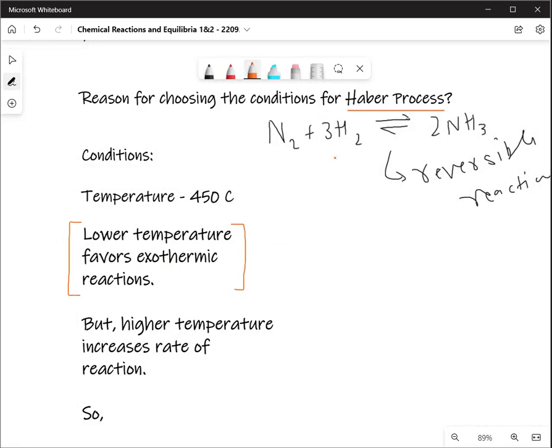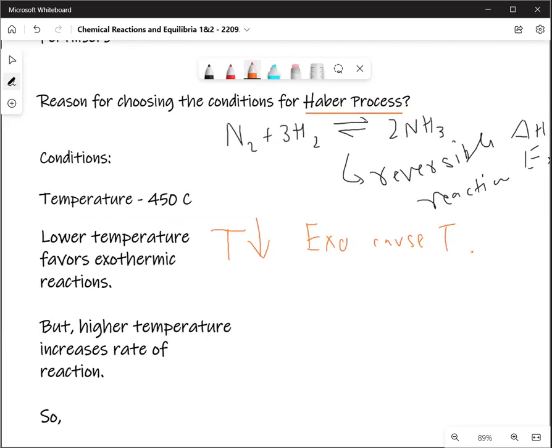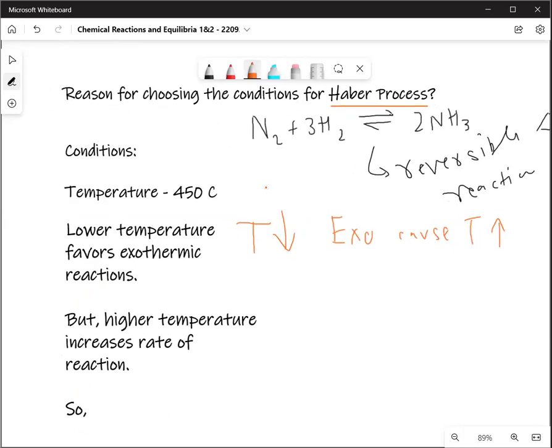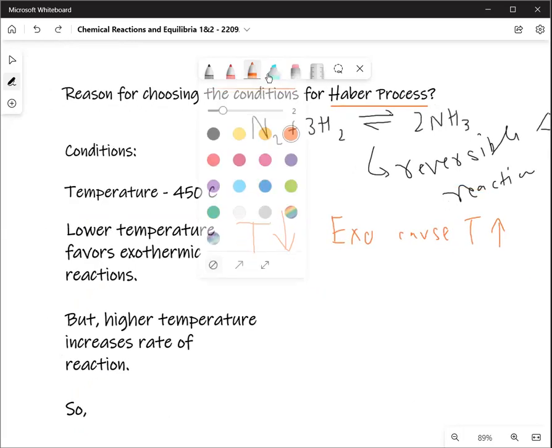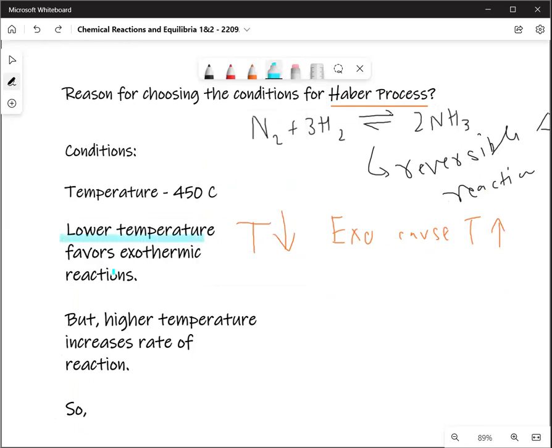It does the opposite. If you decrease the temperature, exothermic will cause temperature to increase. That is why it is favored. You don't need to understand this right now. Please just memorize this: lower temperature favors exothermic reaction. Is that clear? Yes, sir.